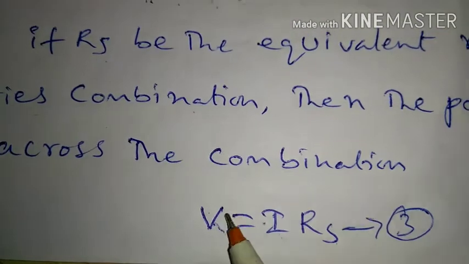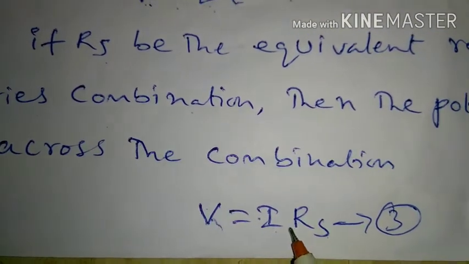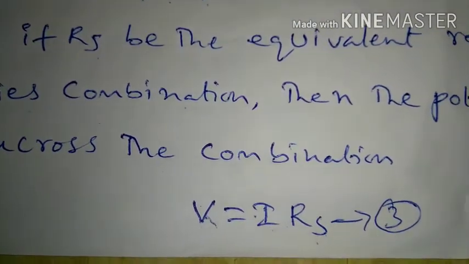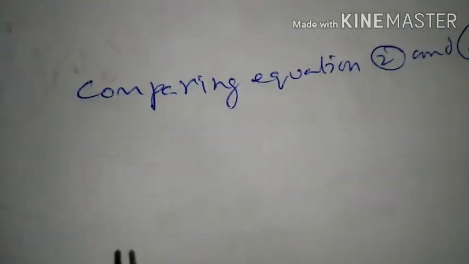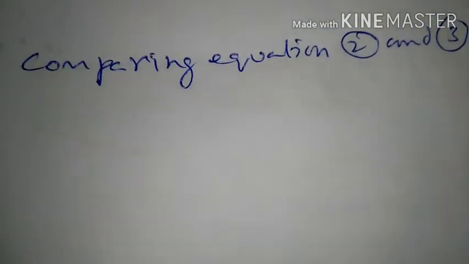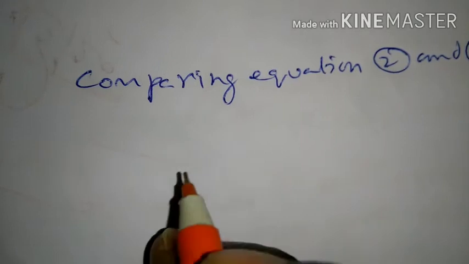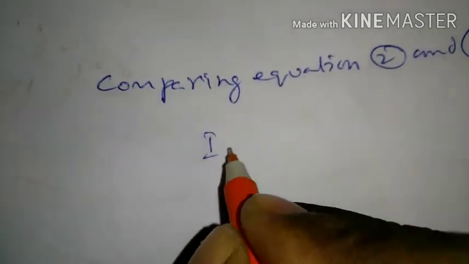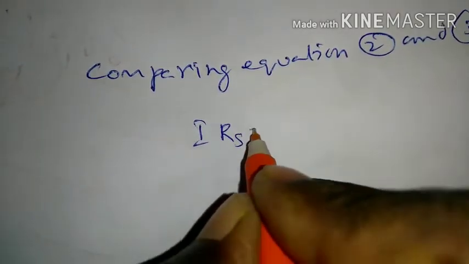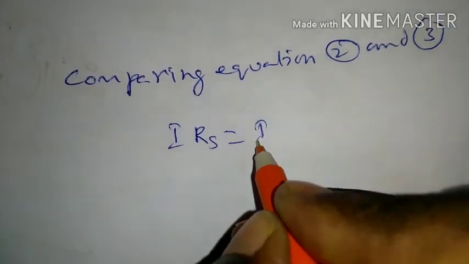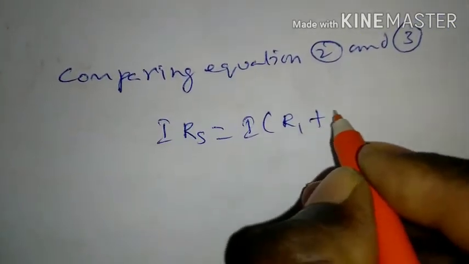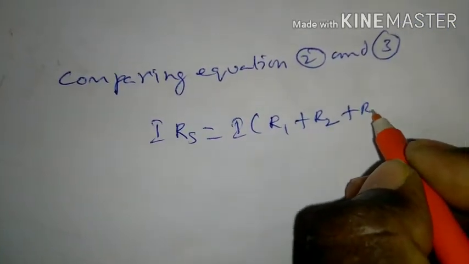Equation 3: V is equal to I into Rs. You get I into Rs is equal to I into R1 plus R2 plus R3.